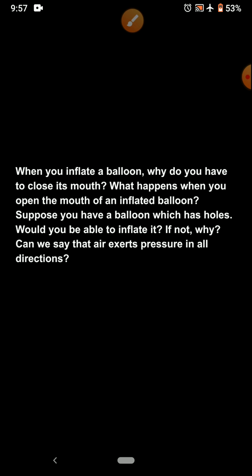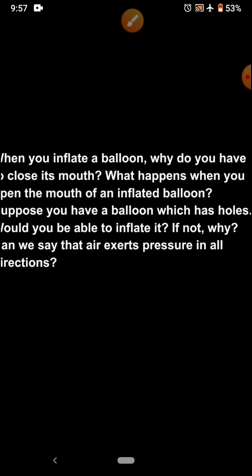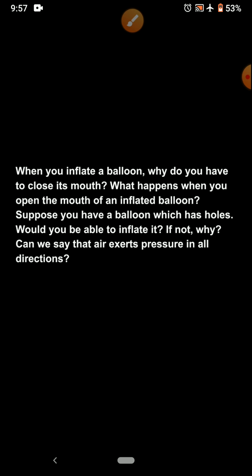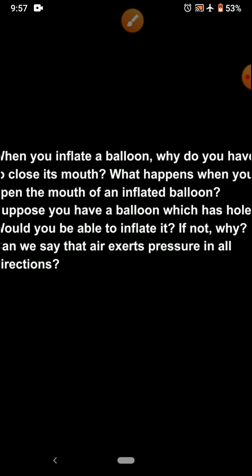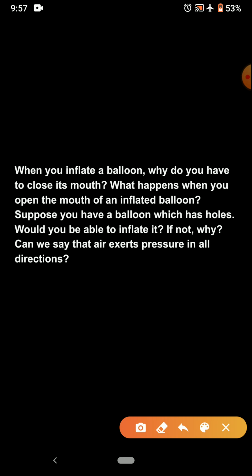When we inflate a balloon or a cycle tube, we have to make sure that we close the mouth of the balloon very tightly, otherwise the air will leak and it will not exert full pressure on the walls of the balloon or the cycle tire.